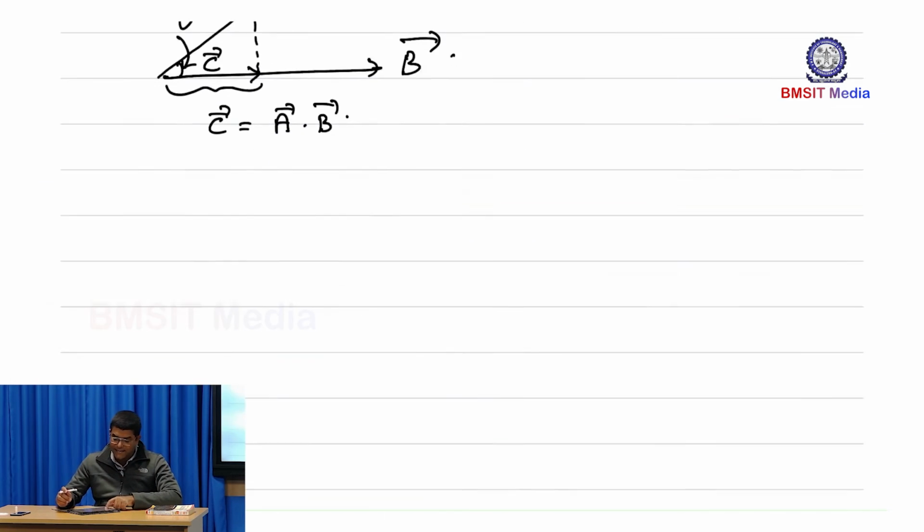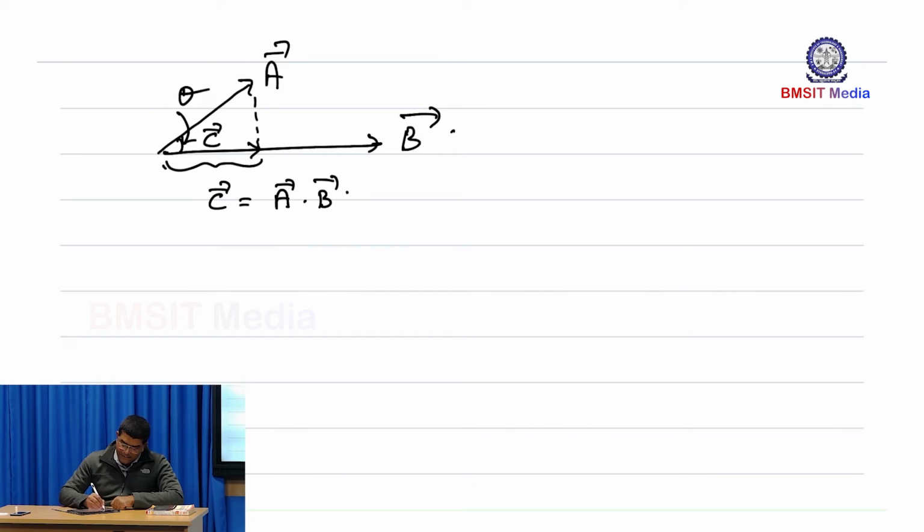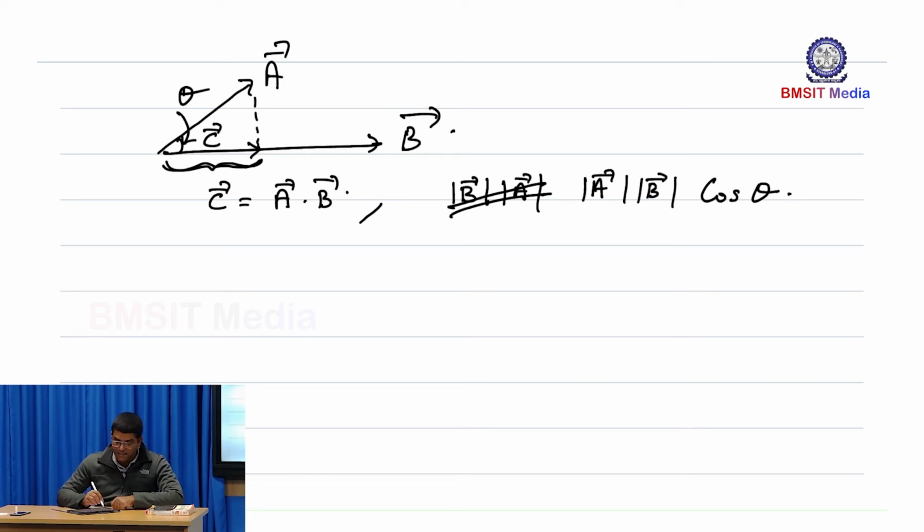Then the magnitude of C is equal to the projection of A on B, or magnitude of A into magnitude of B into cosine of the angle between A and B.